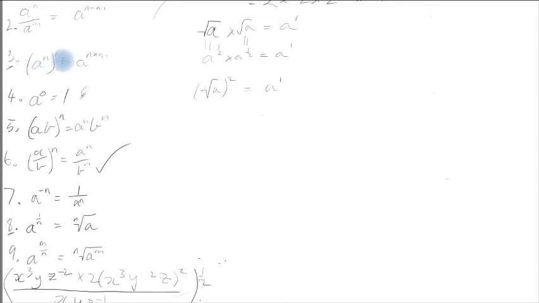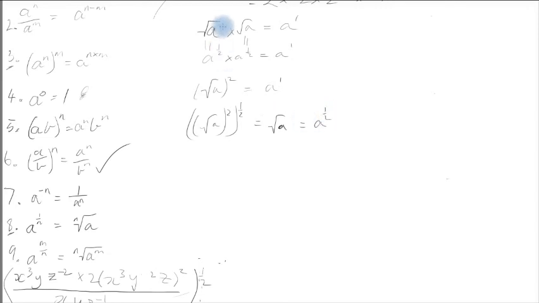If we take the square root of a squared, and then do that to the power of a half, the 2 will be multiplied by the half, which just gives the square root of a, because 2 times a half is 1. And we need to do the same thing to both sides. So if we do the power of a half to the other side as well, then we get a^(1/2). So here we have the square root of a equals a^(1/2).